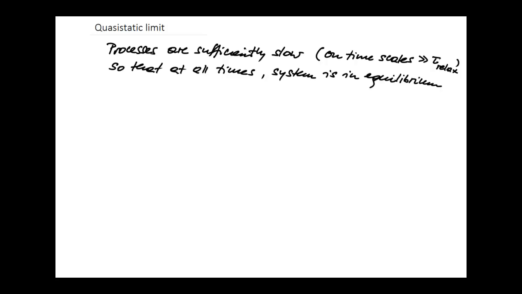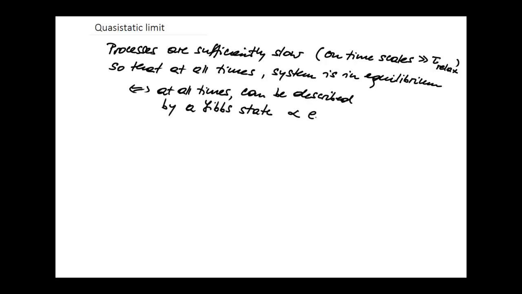Remember the definition of equilibrium. Equilibrium means that at all times the system can be described by a Gibbs state, so of the form e to the minus some Lagrange parameter, where in the canonical case you have beta times Hamiltonian, but more generally you might have other macroscopic observables and associated Lagrange parameters.